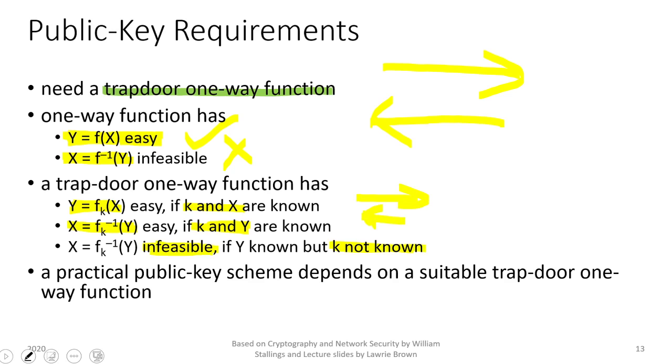So in a public key situation, if the key is known, encryption should be easy. If the key is known, decryption should be easy. But if the key is not known, then decryption should be impossible. So the public key schemes that we would use in practice rely on having such a trapdoor one-way function at their core. Essentially these are mathematical functions that we would use for this particular purpose.